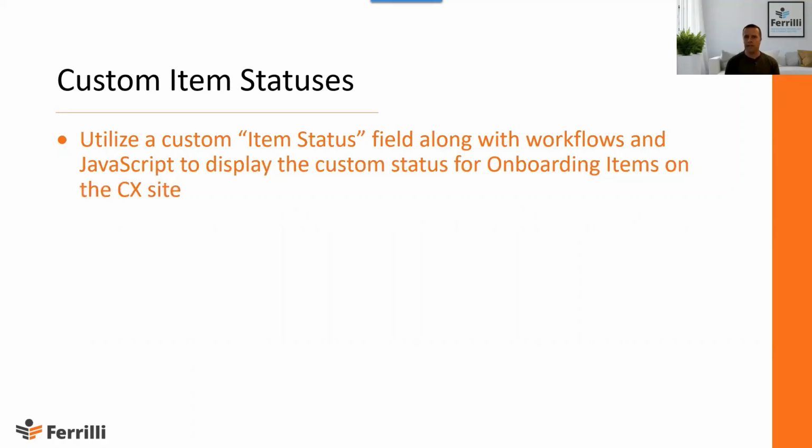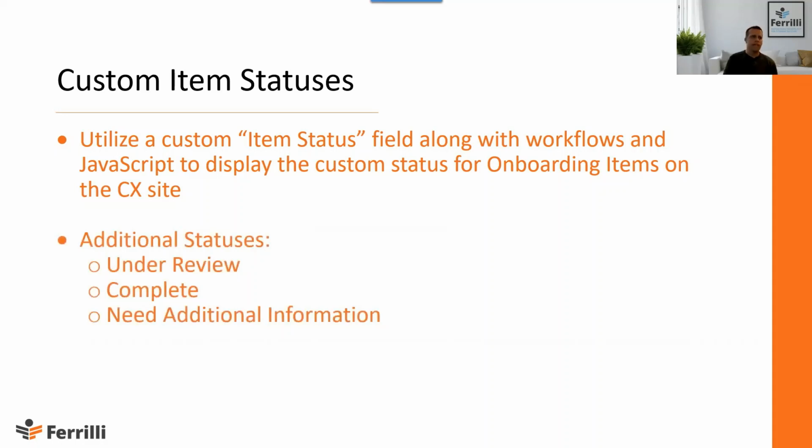We just display the custom status instead. Some of the additional statuses that we created for this particular process were under review, completed, and needs additional information. Based on your use case and your scenario, you certainly could add more statuses to this, but we felt like this was sufficient for the process that we wanted to put in place.